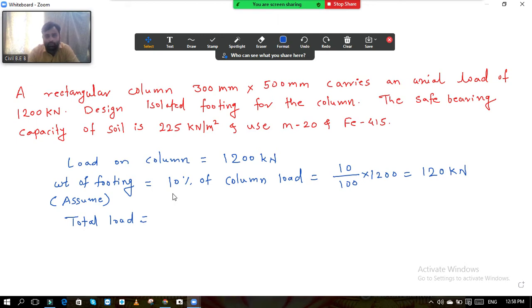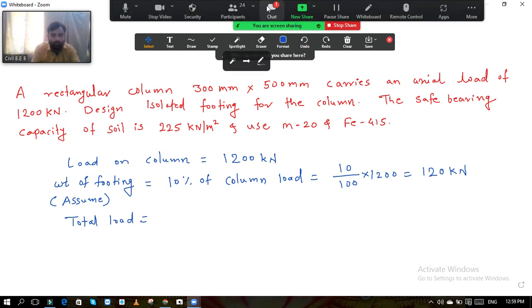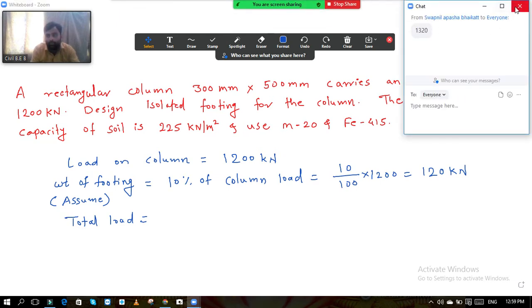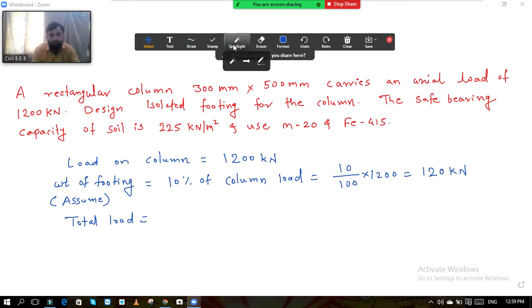It is 1200 plus 120, it is 1320 kilonewton. This is our total load.